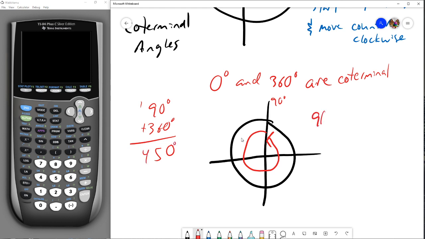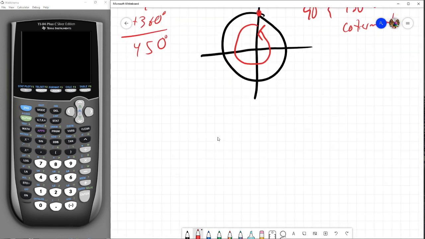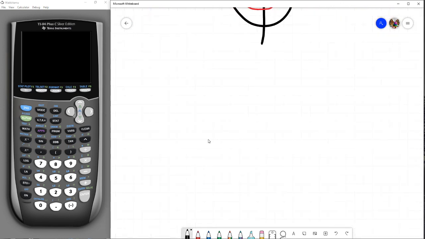So we could say 90 degrees and 450 degrees are coterminal. Because if I go 90 degrees, I'll end up right here. And if I go 450 degrees, notice I have 90, 180, 270, 360, 450. You might be wondering, where did I get those angle values? And we'll talk about that for a moment.